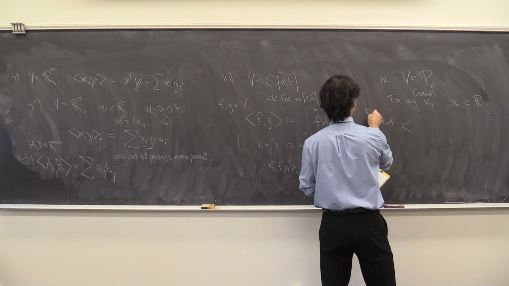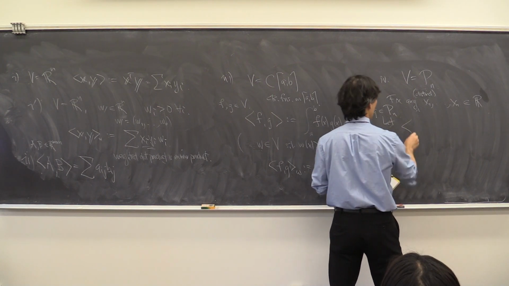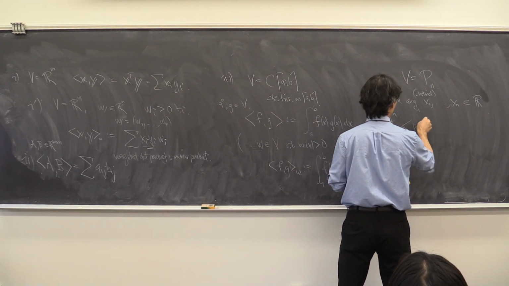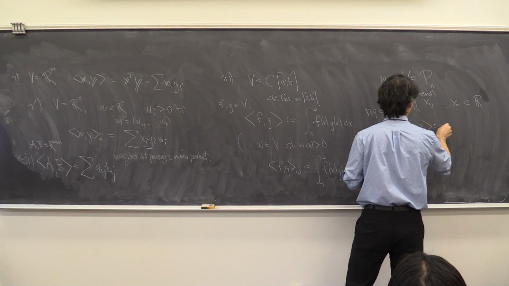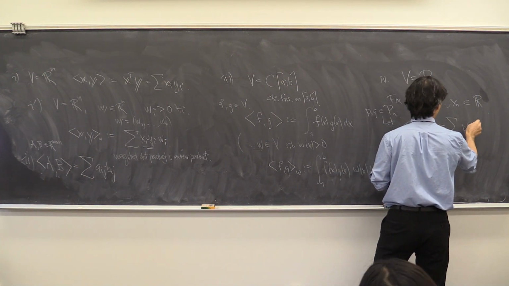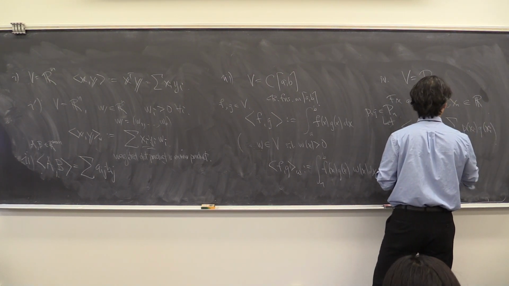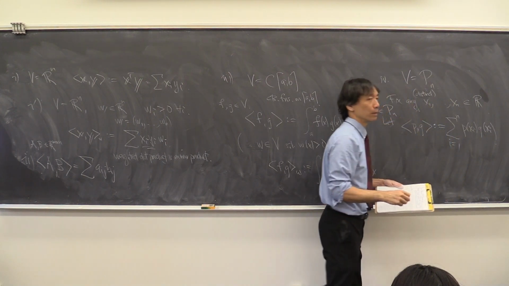For P and Q that are polynomials of degree less than n, let the inner product be the sum of P(xi) Q(xi), as i ranges from 1 to n.